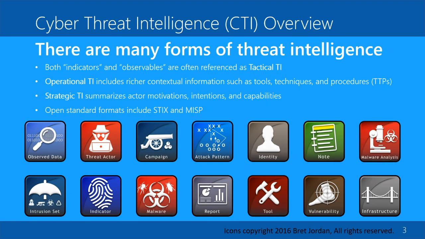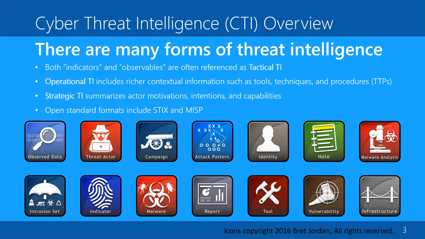And threat intelligence is represented in many different forms. It could be something as rich as a very detailed report on a threat actor group, such as those put out by our Microsoft Threat Intelligence Center folks. Those reports detail the motivations of an actor, they detail the infrastructure that actor is using, all sorts of rich information.